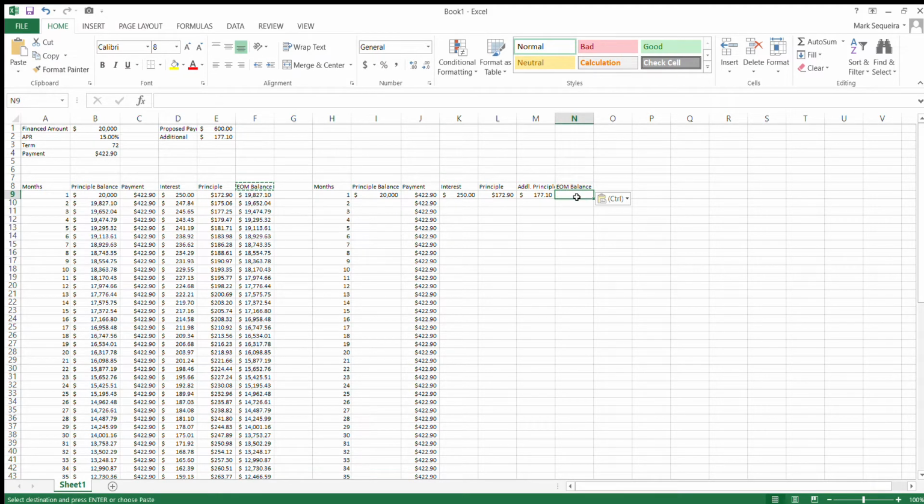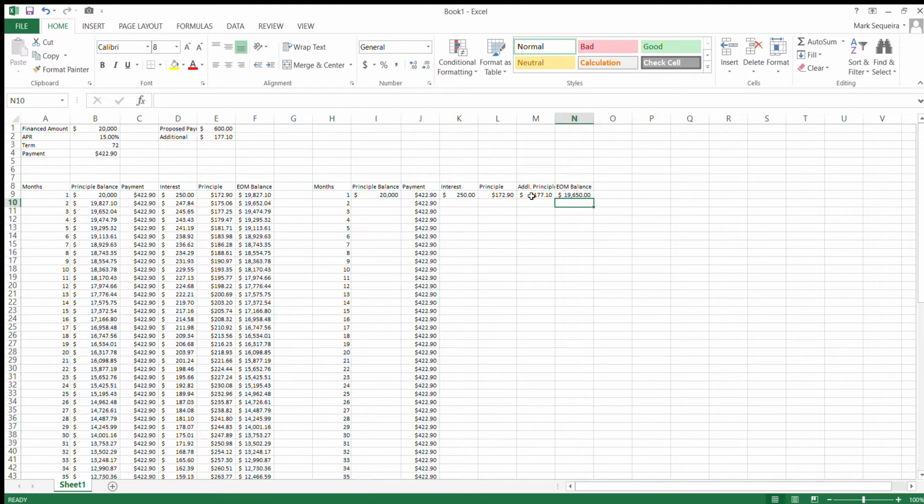Now remember, last time we merely subtracted the amount that goes towards principal from your principal balance. Now we're going to do the same thing. We subtract the amount that normally goes to principal, but now you're paying an additional amount which will also all go towards your principal, so we'll subtract that as well.